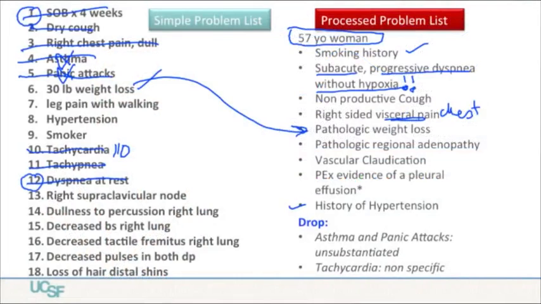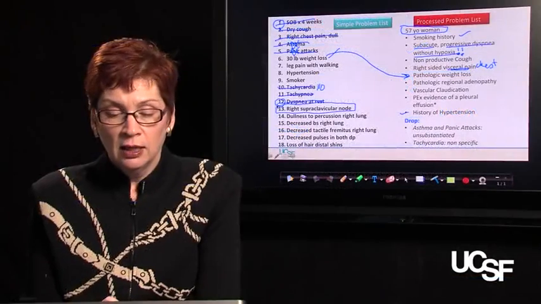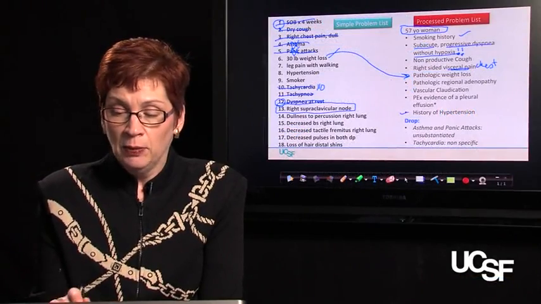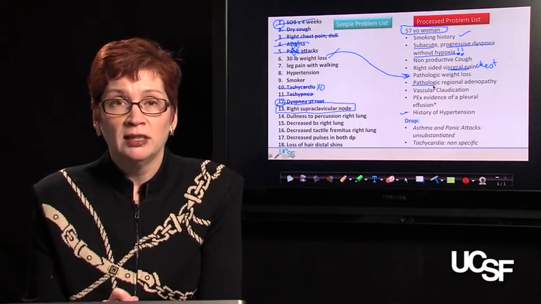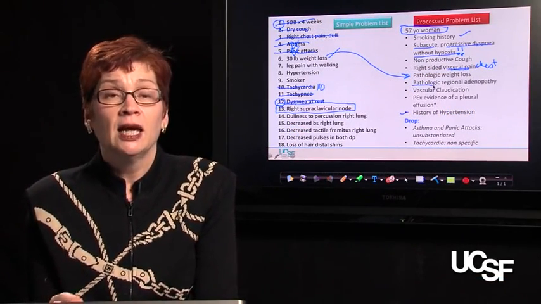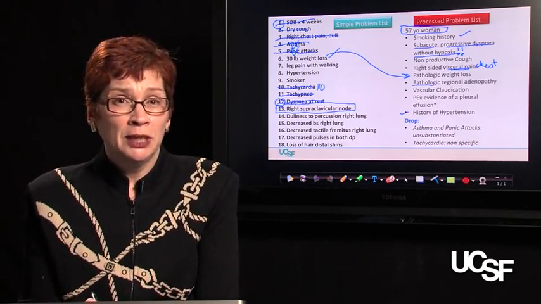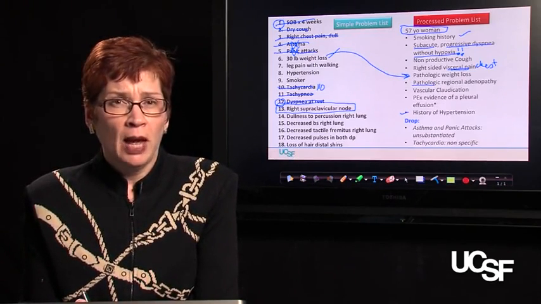And then this neck node, this is fascinating, this right supraclavicular, actually not neck, it's supraclavicular, but it was found during the neck exam. This also is a pathologic node. Why is it pathologic? Because it's fixed and firm, and it's in a place where you shouldn't be able to palpate a node.